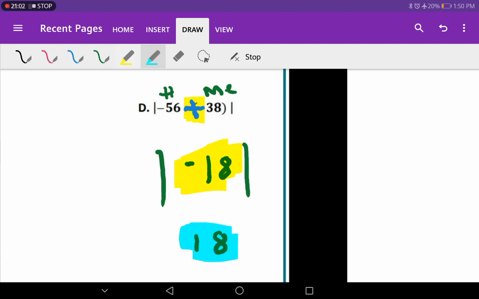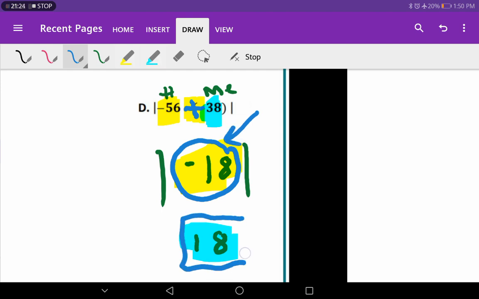Okay, remember that. Regarding this, Hamada wanted from me 56 riyal and I have 38 riyal in my pocket. So he took my 38 and said, next time bring the 18 riyal. So it is negative 18. And the negative 18, because it is inside the absolute value, will be positive 18.